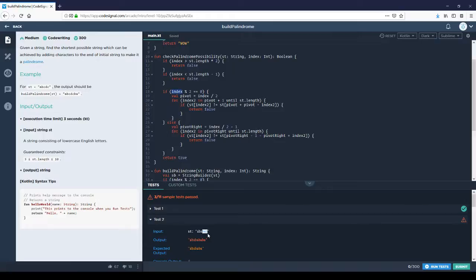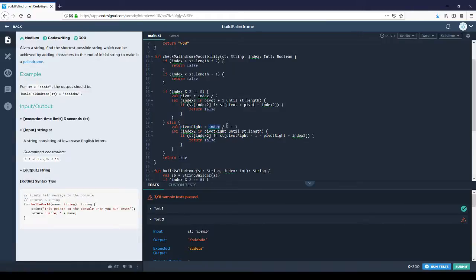So let's see, index mod 2 equals 0. I think I get what's wrong. I think I've done something incorrectly last time.